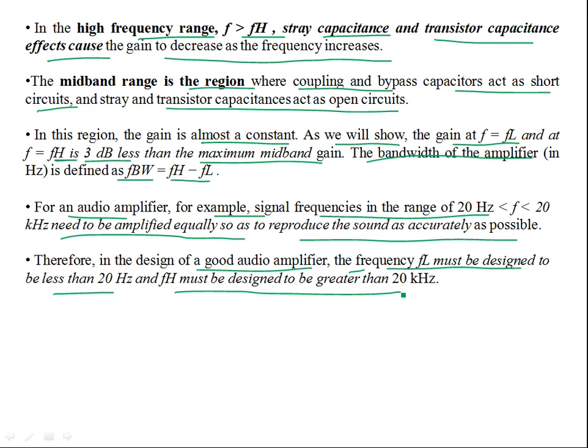Your audio frequencies then stay within the midband range, where the gain does not depend on the stray and transistor capacitances or the external capacitances, such as coupling and bypass capacitances. To provide a gain independent of frequency, you have to design the transistor amplifier so that 20 hertz to 20 kilohertz is within the bandwidth of the midband range.